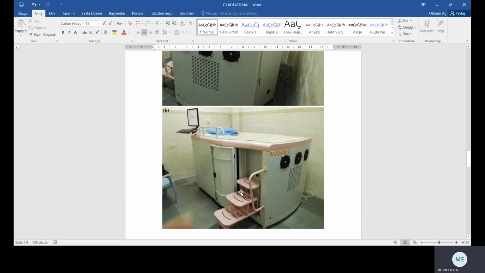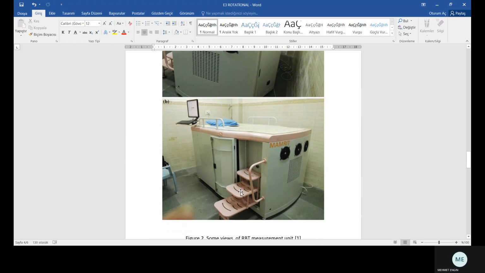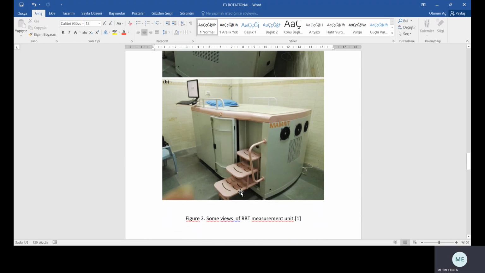The ambient temperature and humidity inside the chamber are controlled with a built-in air conditioner. The subject lies in prone position on the patient table of the MAMRIT unit, with one breast suspended through a small circular aperture into the imaging chamber beneath.